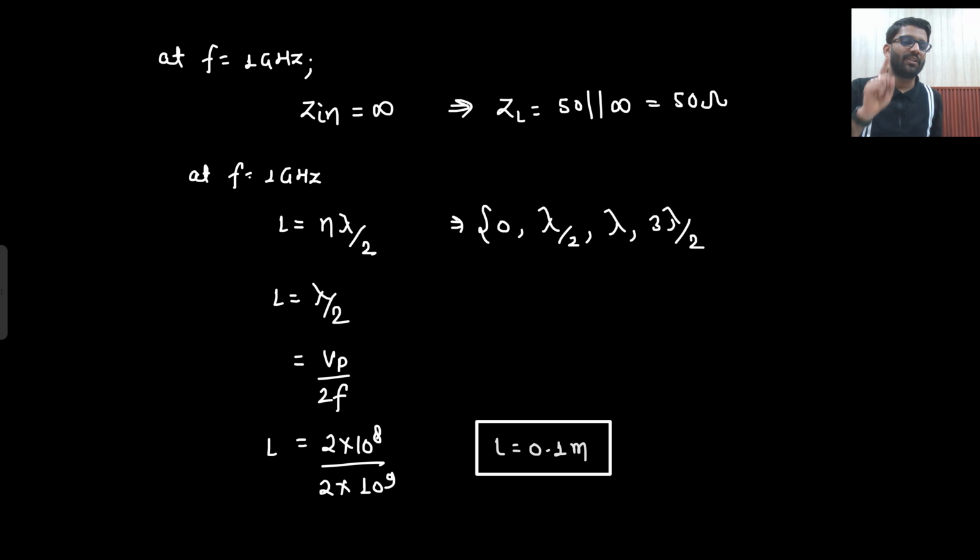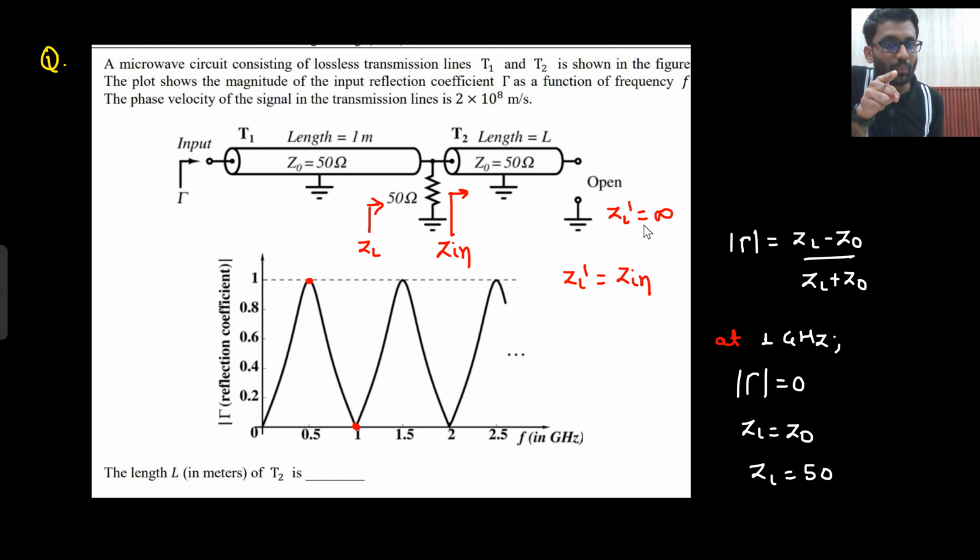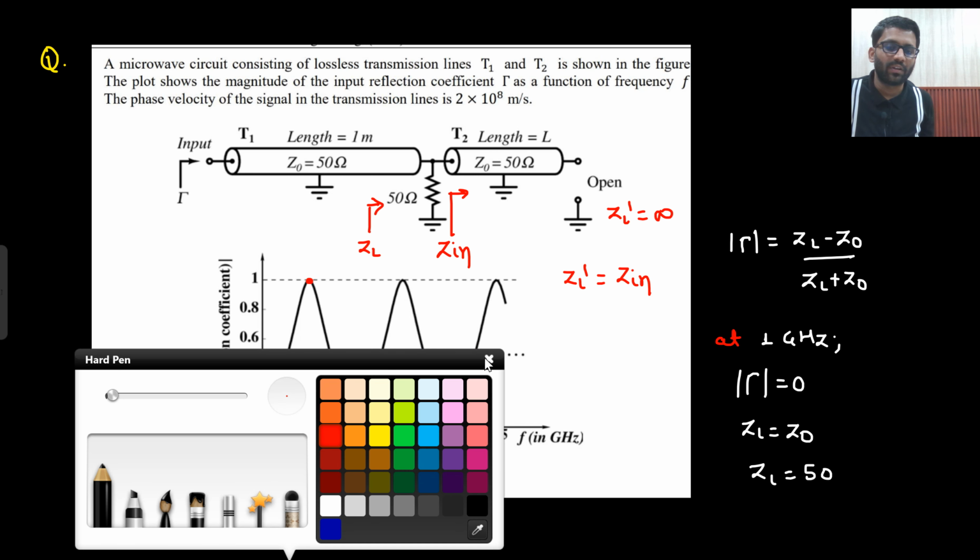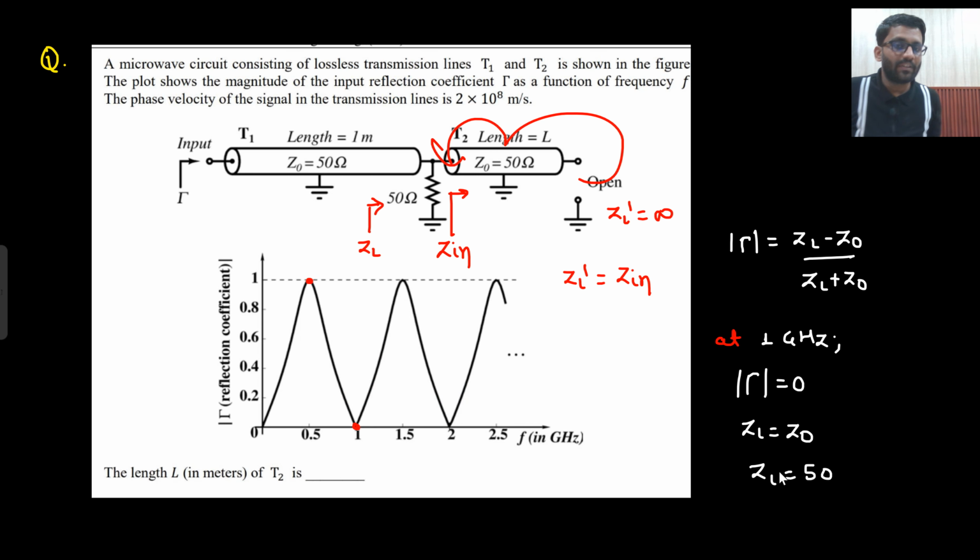Now if Zin has to be 0, your load is open circuited. And you want your Zin to be 0. What does that mean? Open circuit to short circuit. You want conversion from open to short. And if the length is lambda by 4, then only this conversion can be possible. Are you getting this point?